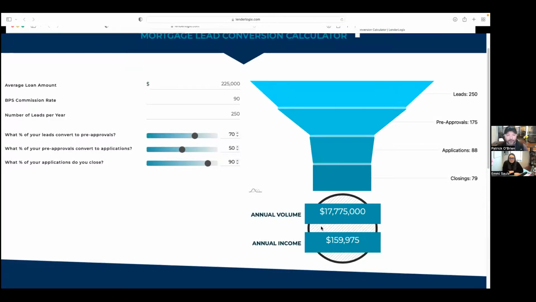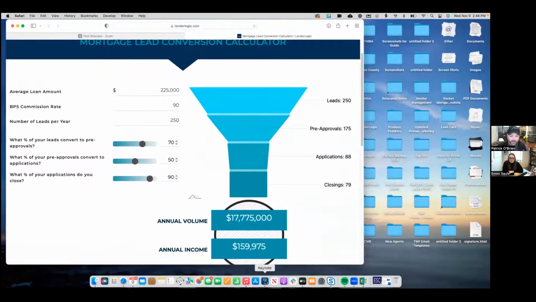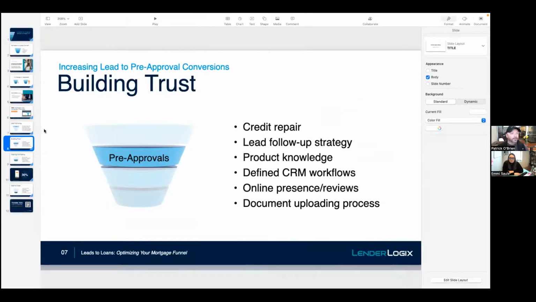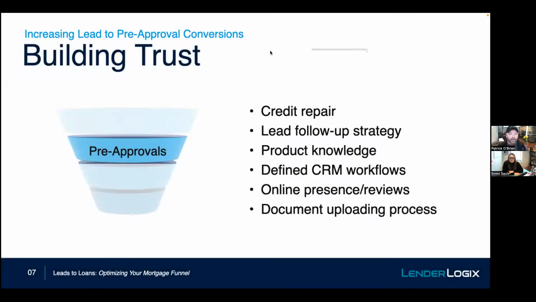Now, how do they get there? I'm going to slip back to my screen here. There are credit repair agencies that we can be in touch with, or online utilities like Credit Expert, where we can tell people what they need to do to their credit, becoming more expert in those things in order to demonstrate to our clients, hey, we can get you to a place where you qualify.